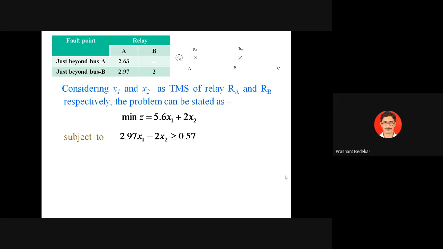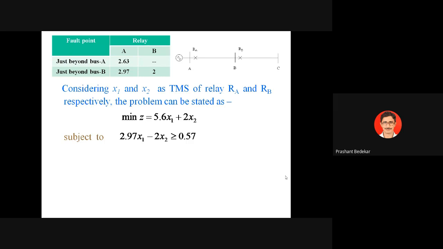The time of operation of relay RB for a fault in section BC is given by 2 X2, and the time of operation of relay RA for a fault in BC is 2.97 times X1.